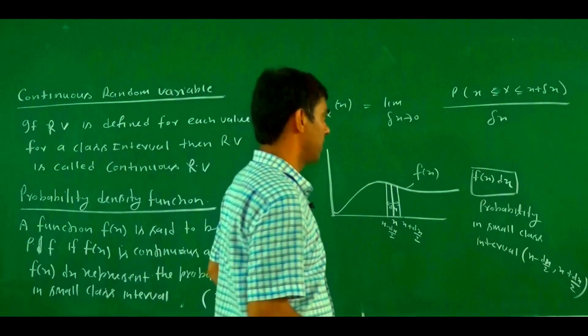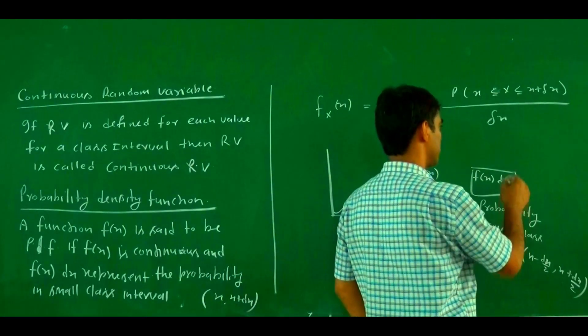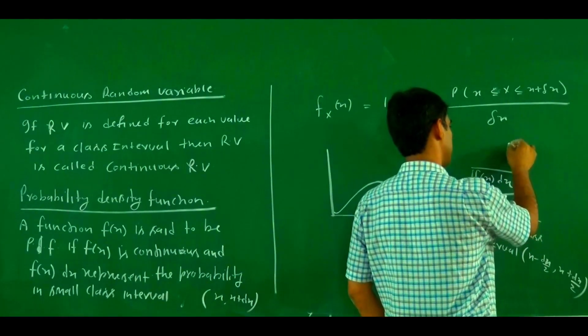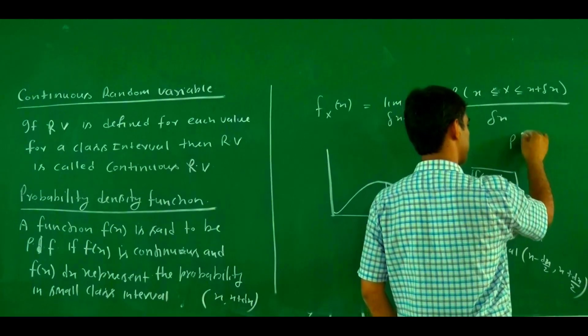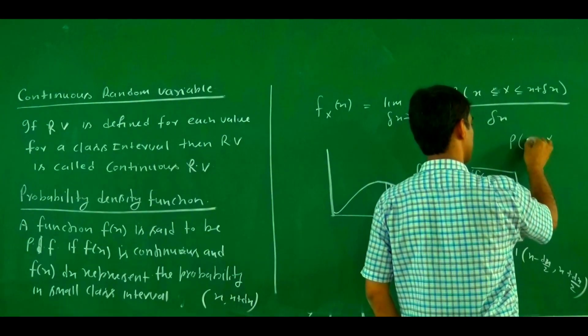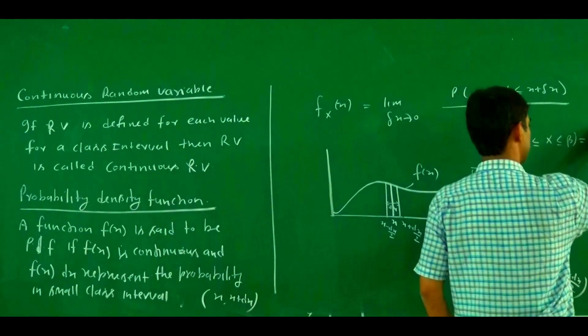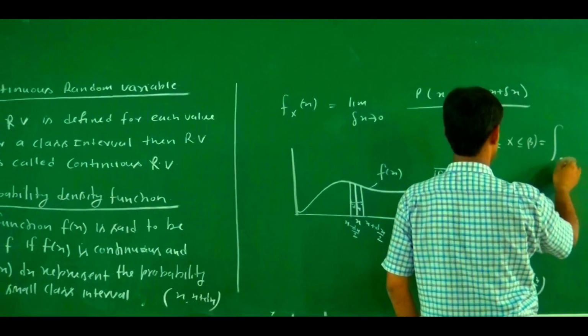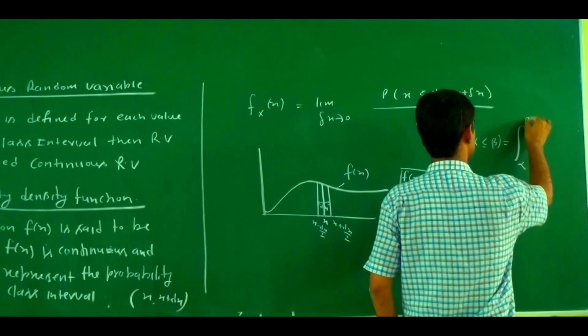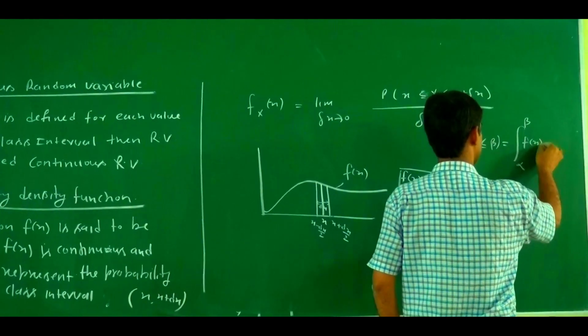To make this clearer, let us write it in terms of probability. The probability that x is greater than or equal to alpha and less than or equal to beta equals the integral from alpha to beta of f(x) dx.